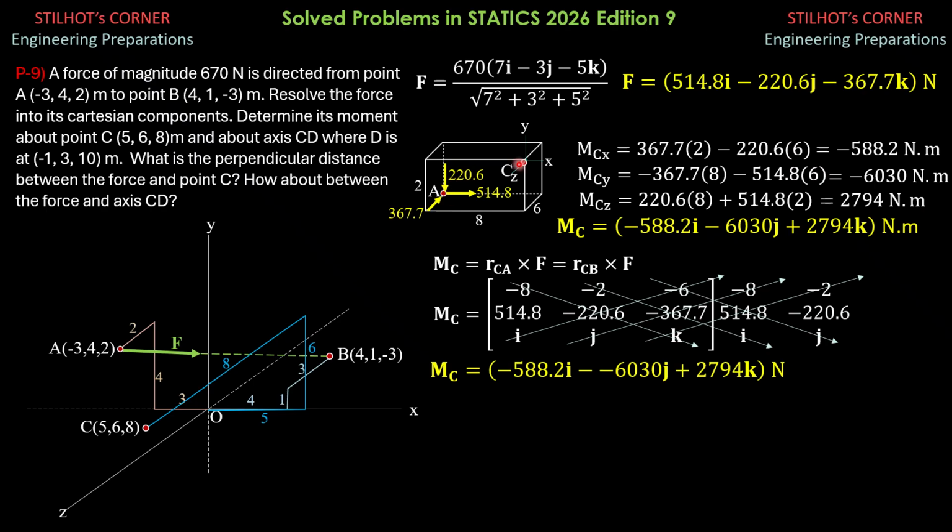B is here in the opposite corner. C is, remember, to the right by 1 meter, above by 5 meters, and in front by 11 meters, where 11 is negative 3 and positive 8, that's 11.